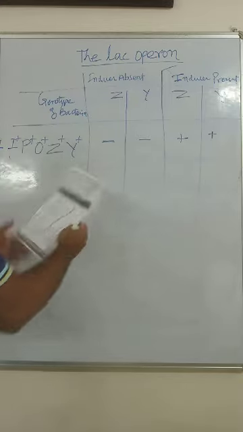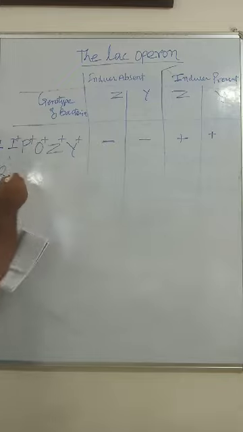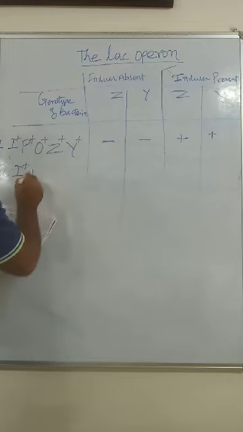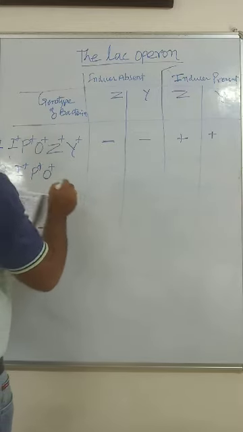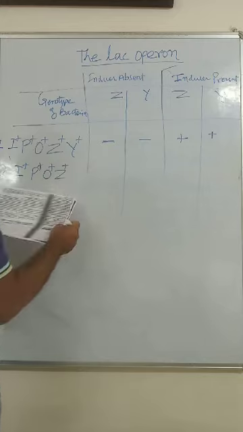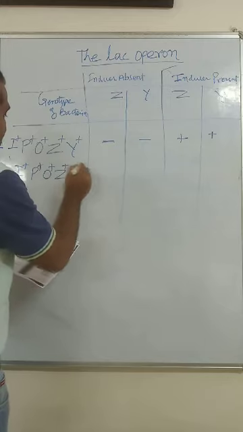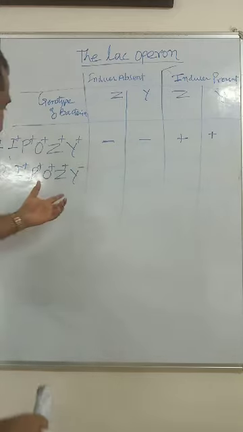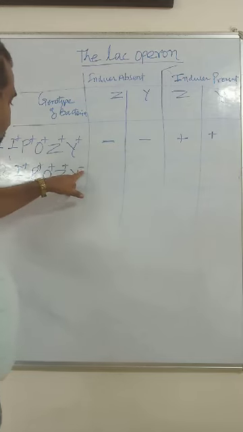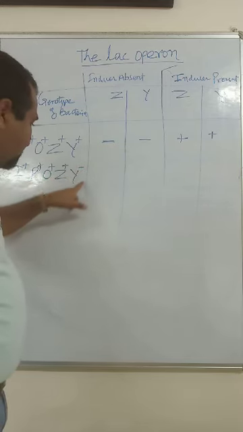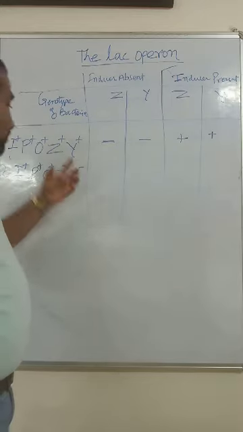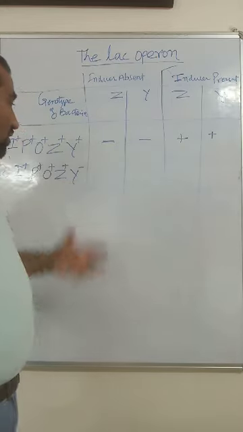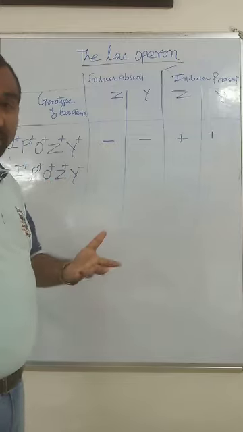Second case is when a normal good copy of regulator gene, good copy of promoter gene, good copy of operator gene, and good copy of lac Z gene, but a defective copy of Y gene. Look carefully. Minus sign represents that this gene is mutated and is now producing a defective protein or is not producing a protein at all.